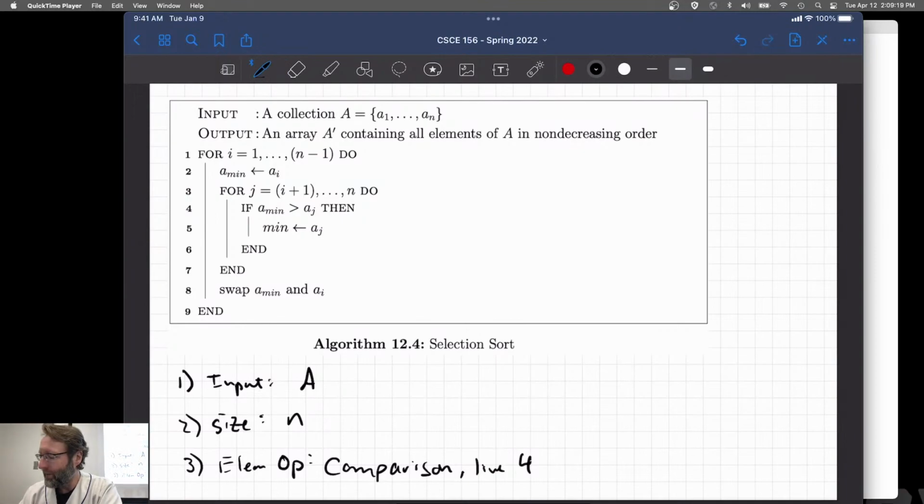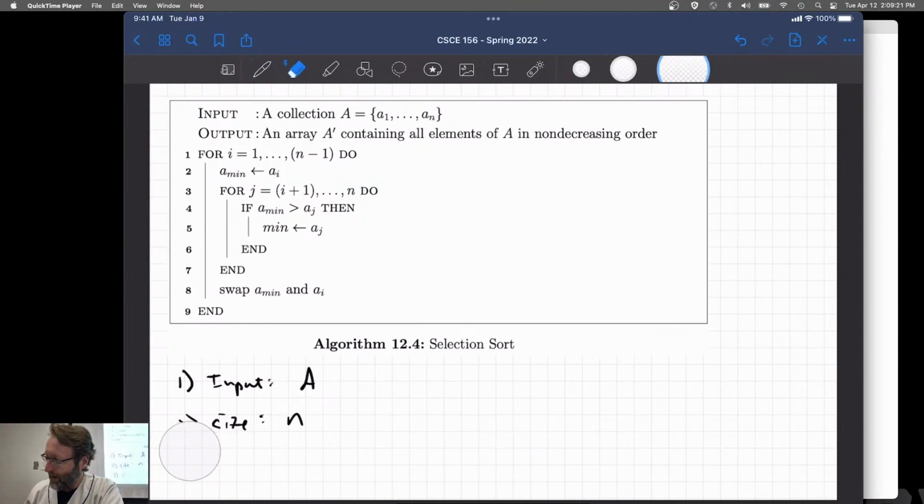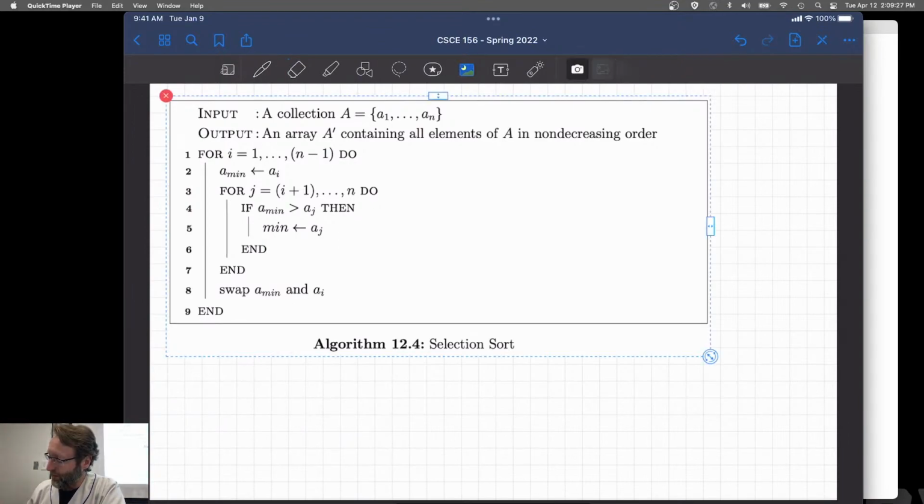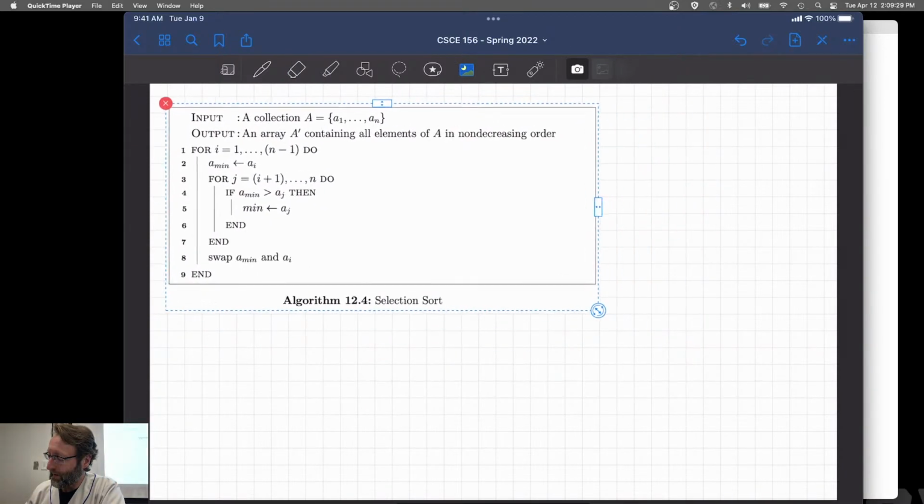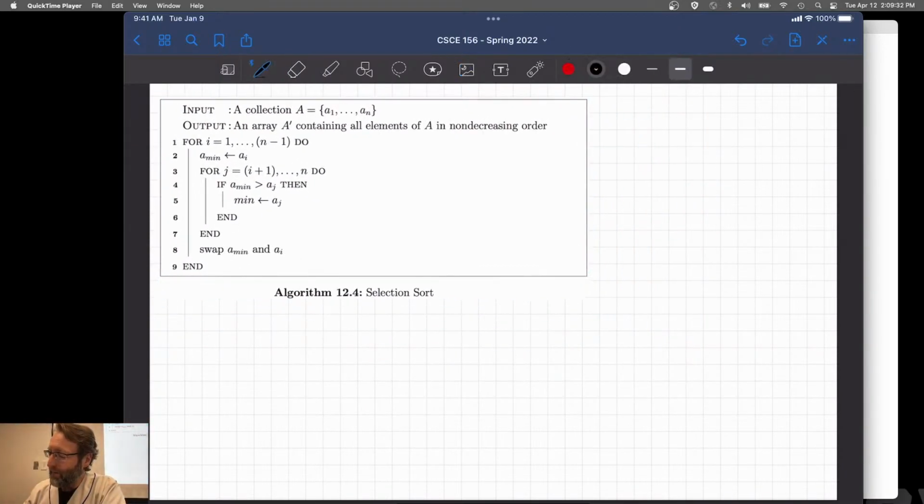All right. Step 4. How many times is that executed with respect to the input size? Let me give myself some more real estate here. If I'm looking at line 4, how many comparisons am I doing right there, if I ignore everything else that's surrounding it? 1.